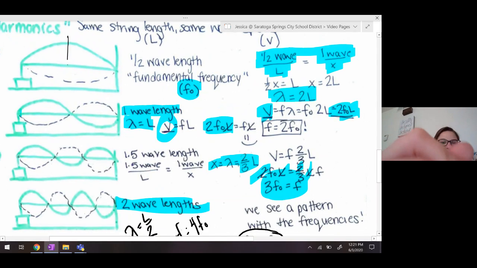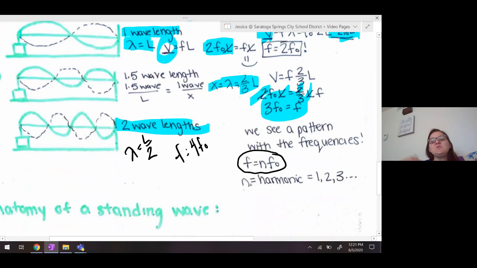So there's 1 antinode here, so it's the first harmonic. 2 antinodes here, so it's the second harmonic. And I'll explain in a second what an antinode is. Okay. So we can multiply the original frequency by any integer and get another frequency where a standing wave can be found. And we can use the fact that the speed remains the same and the length of the string remains the same to find wavelengths and things like that.